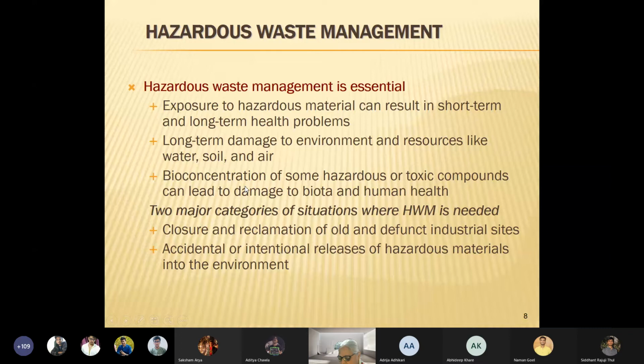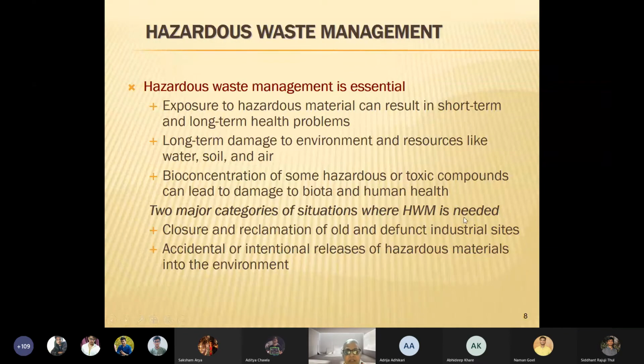So there are three terms that we use: bioconcentration, biomagnification, and bioaccumulation. And I think you have already done some work in that area. Yeah, I talked about this in the introductory lecture. So this is one issue that is of primary importance when we think about hazardous materials.